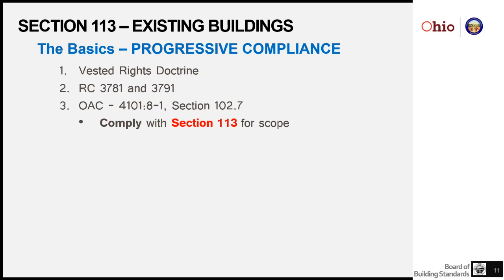You go to 113. 113 is going to describe a scope of work, and what part of that scope of work must be compliant with the requirements for new construction. So it's piece by piece, progressive compliance, that existing housing stock will become more and more compliant with the current code over time.